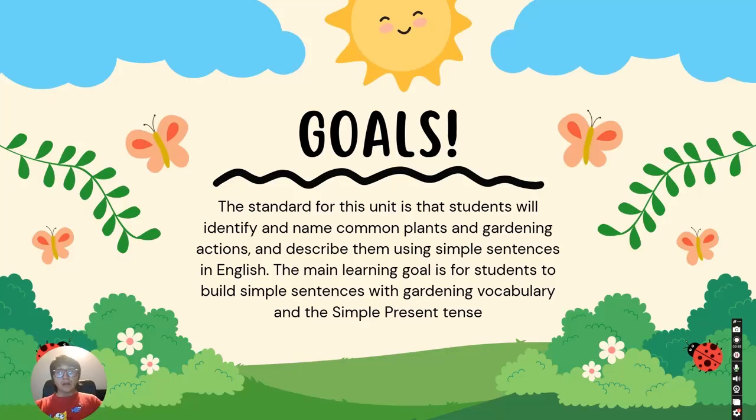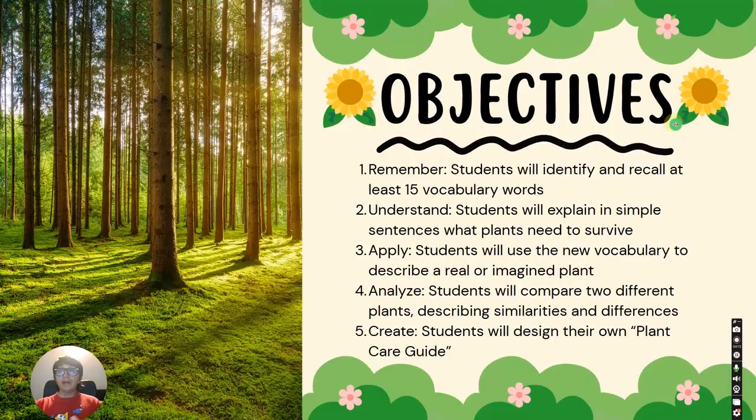The specific learning goal is for students to construct simple sentences using gardening vocabulary and the simple present tense to describe plants and the way that you take care of nature, right? Now, the learning objectives that we have.